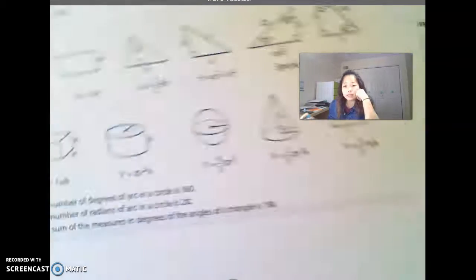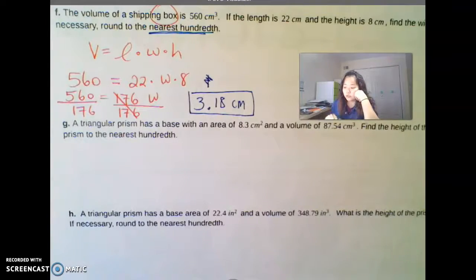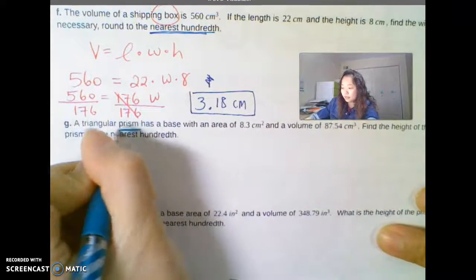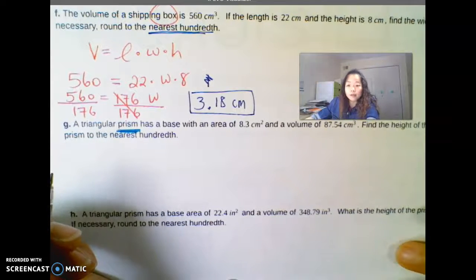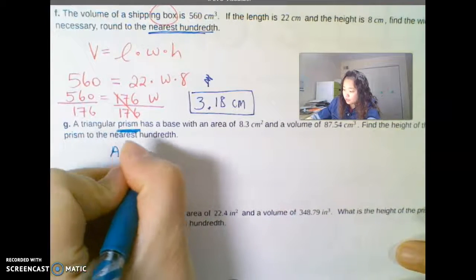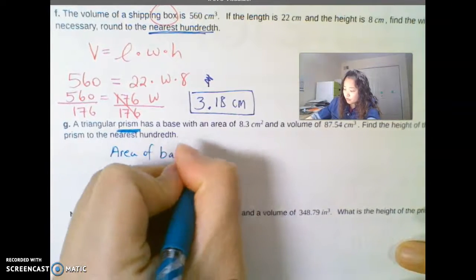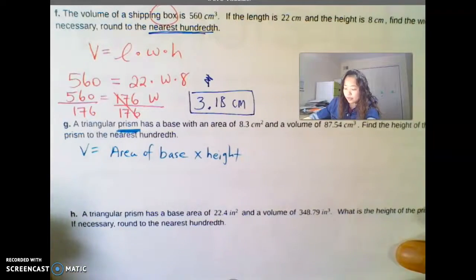Anything that's not in this form, you should really think about, because they're not going to list every single prism that's out there, like triangular prism, pentagonal prism. It goes on forever, right? So for any prism, the volume is just the area of the base times the height. That's for every single volume of any shape.